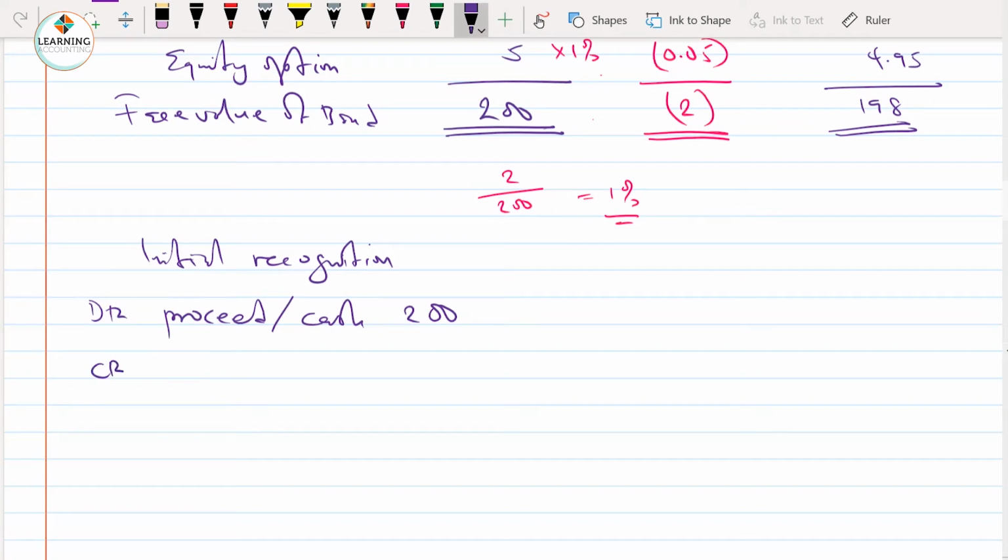But we then credit equity option, and the equity option we are crediting is 5, and we credit liability with 195.